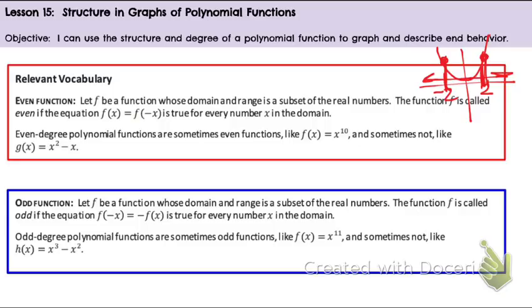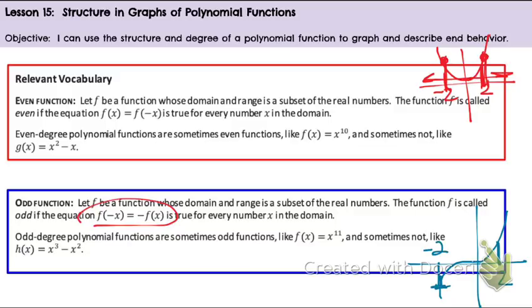For the odd function, let me draw that with blue, just to match the box there. It's an odd function if you have a graph like this. If you have f of 2 and, I didn't do a very good job, pretend that's negative 2.